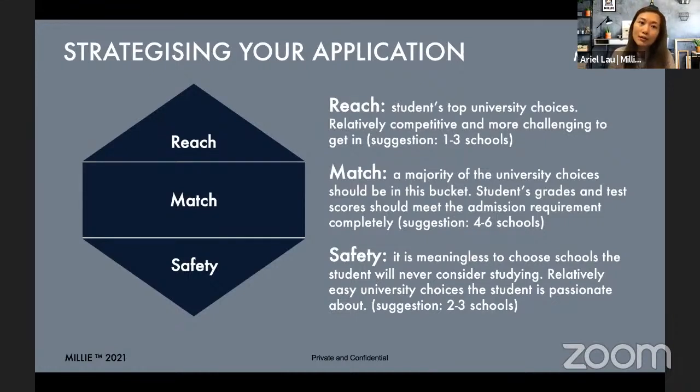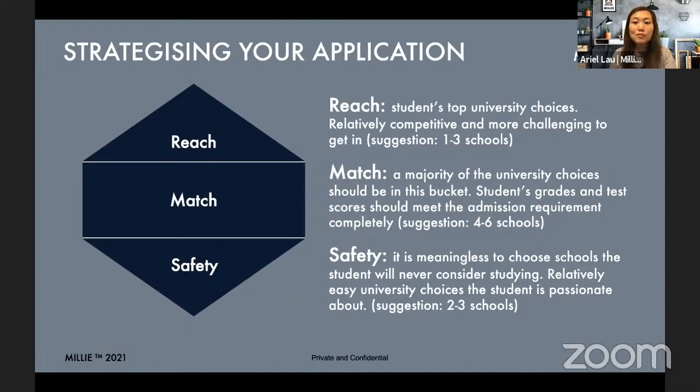Normally I would recommend my students to pick 1 to 3 schools in the reach category, depending on how much quota your school is giving you. These should be relatively competitive and very challenging schools to get into, such as the Ivy Leagues or Oxbridge. The match category would consist of the majority of your university choices, around 4 to 6 schools.